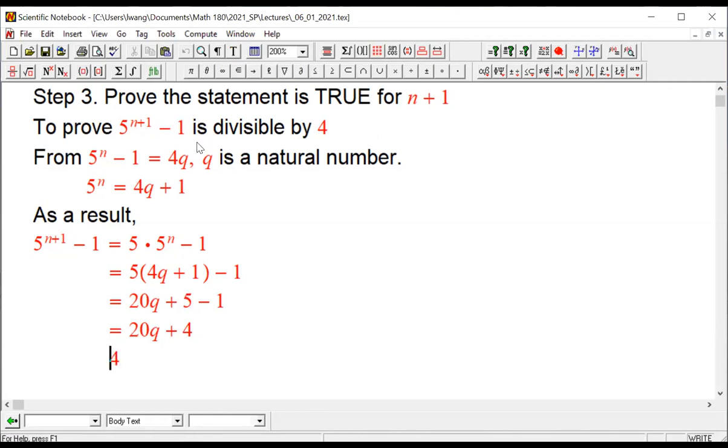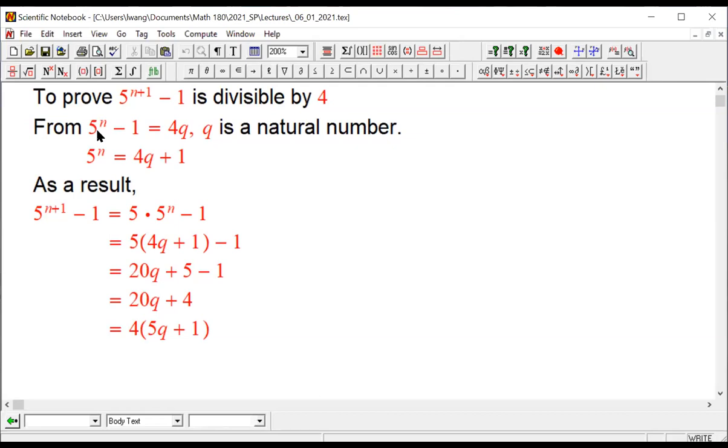I'm going to factor out the 4, and then I'm getting 5q plus 1. That is, we got this expression is equal to this other one.